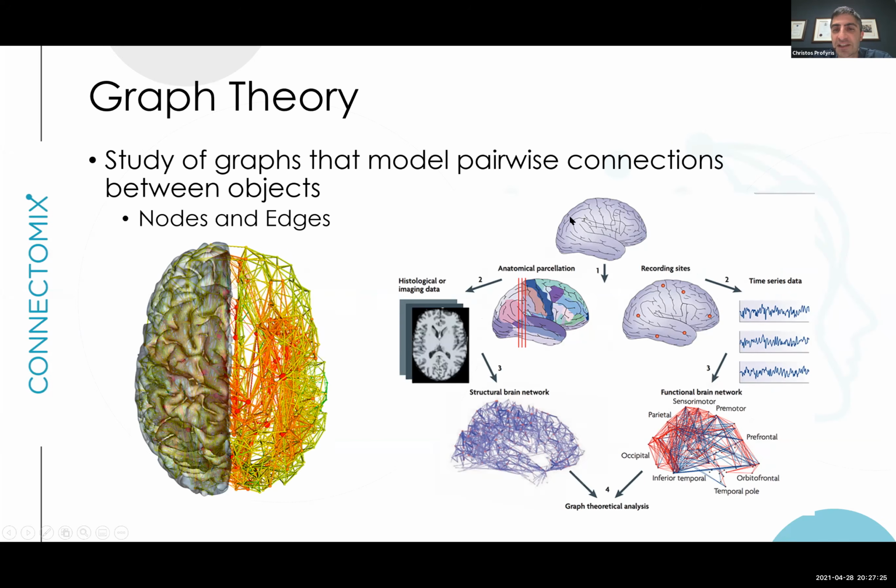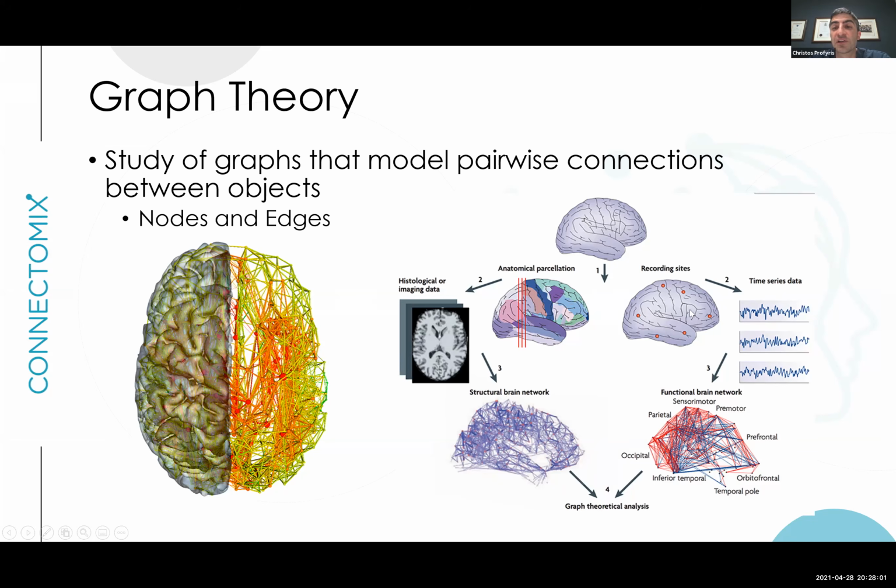What's classically done in connectomic literature is there are 2 different ways to break down the brain into nodes and edges: an anatomical method and a physiological method. With the anatomical method, you can break up the brain into lobes or sublobes, or what we're doing with a Glasser atlas, where we're using diffusion imaging to break down the brain into 360 areas. Then you can study their physical connections, such as axons, through tractography, compute the edges and then study the relationships with graph theory.